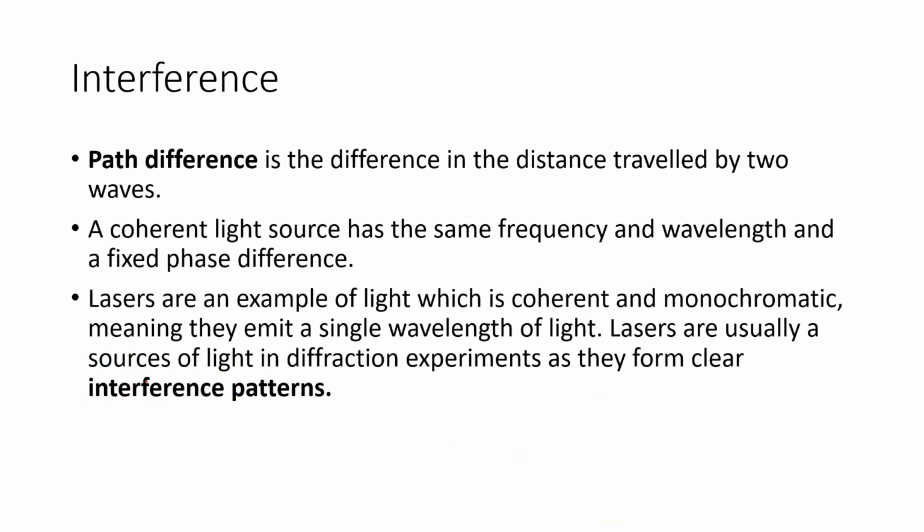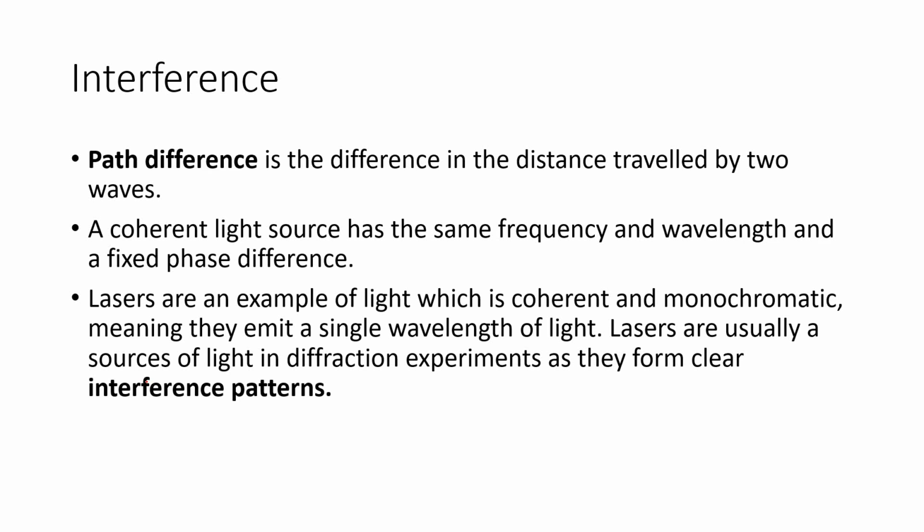Another thing that we must talk about is what we call a coherent source of light. A coherent source of light is one that produces a set frequency of waves, and also it has a fixed wavelength and a fixed phase difference. This is going to become very important when we deal with the process of interference.